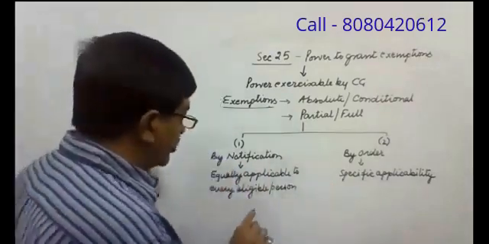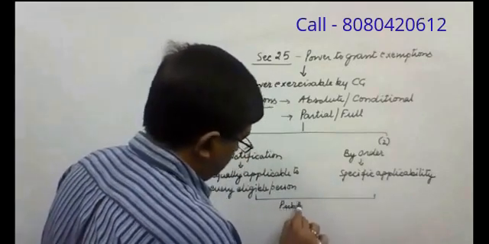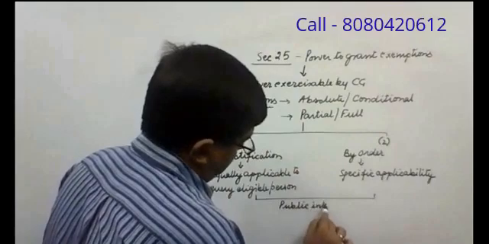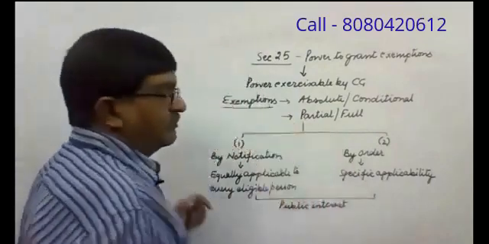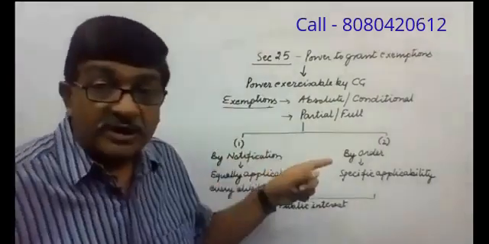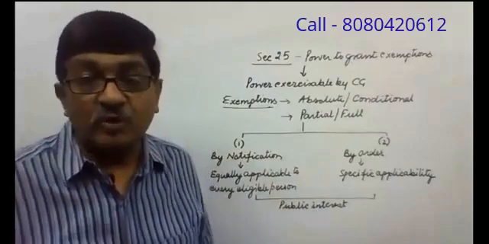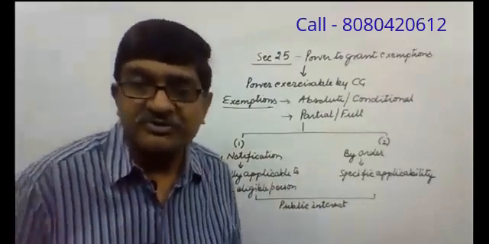In both cases, what is common is public interest. So whether notification or order, this has to be there. Some public interest must be served by grant of exemption. If no benefit is given to the public, no exemption.